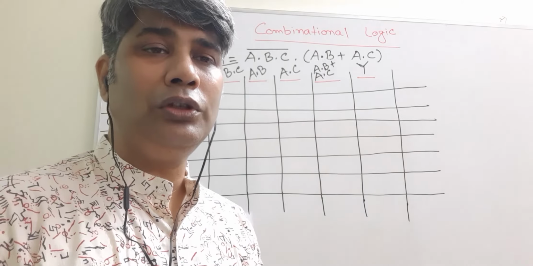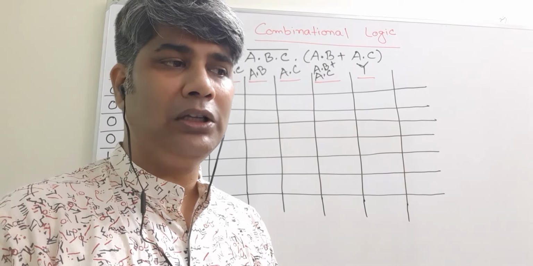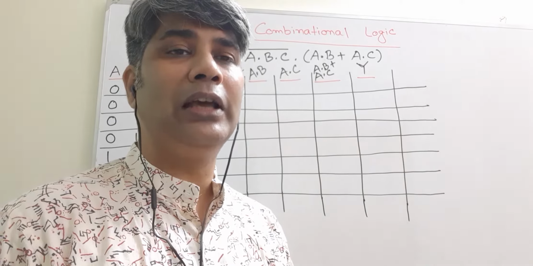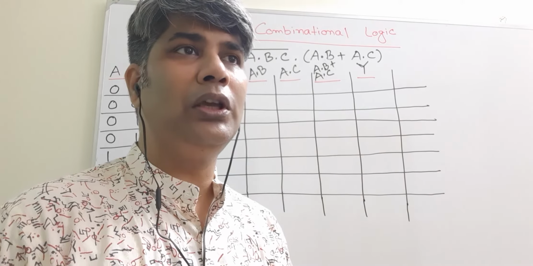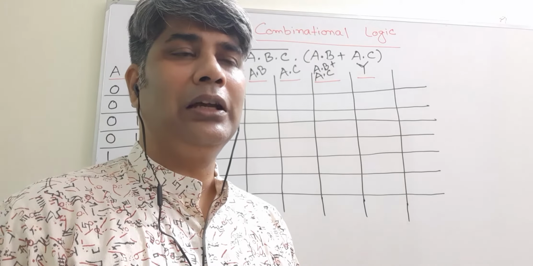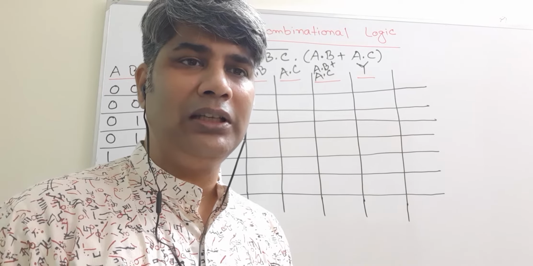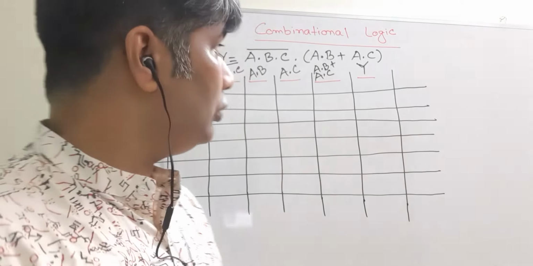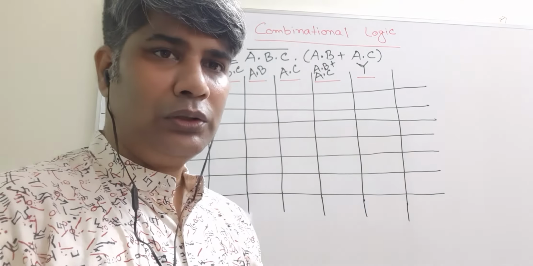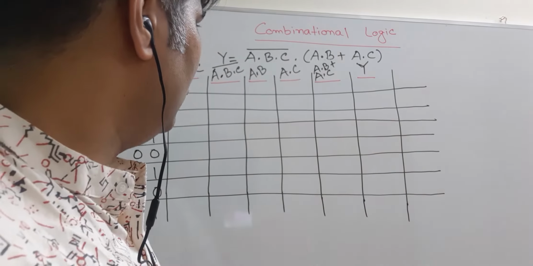Remember, we are not going to use any Karnaugh map; instead we are going to use Boolean algebra, for example De Morgan's law or the associative law. These are the things we are going to use when we simplify this. So let's try this out.